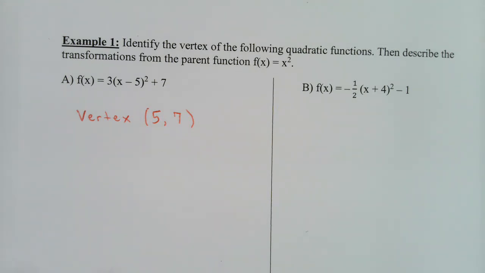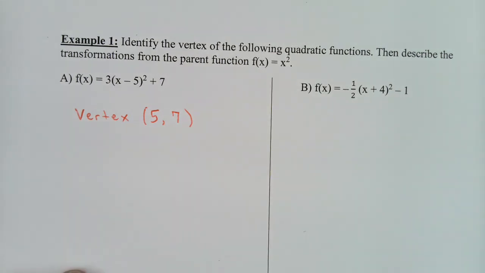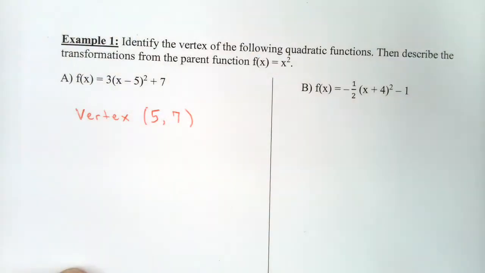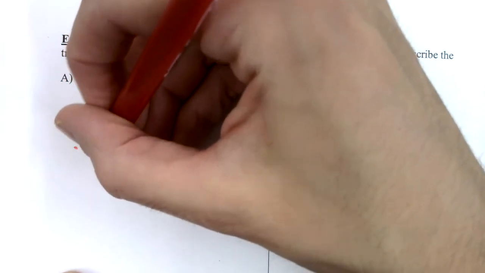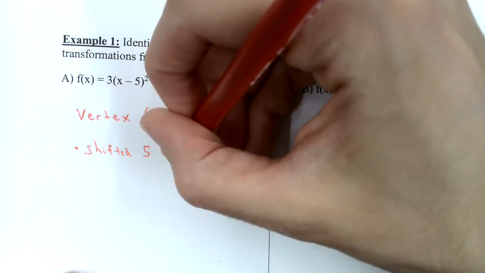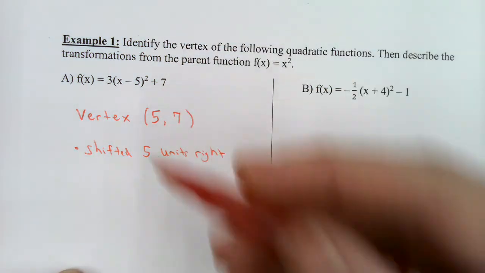So now we have to describe the transformations from the parent function, x squared. So this is being shifted 5 units to the right. So it's the parent function shifted 5 units right. The 7 means it's shifted 7 units up.